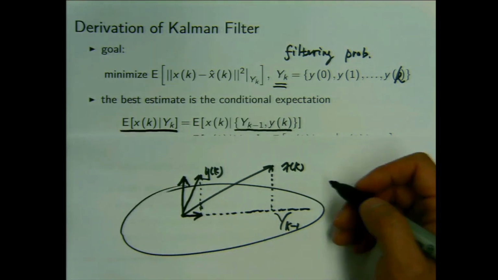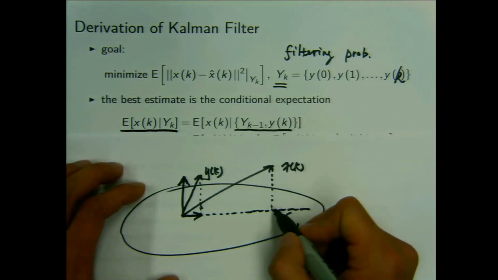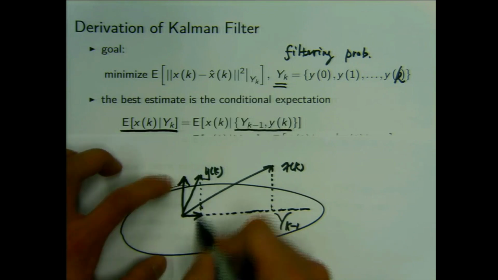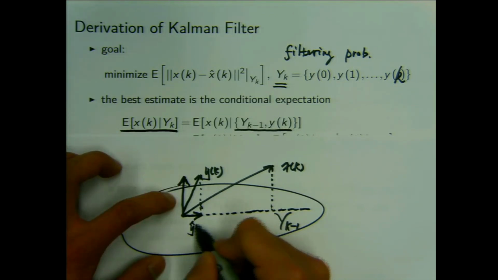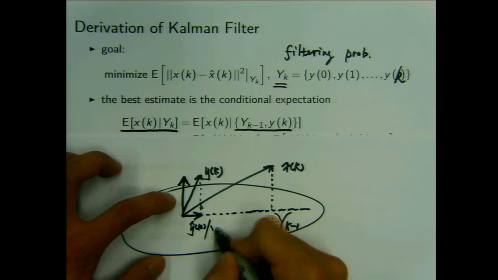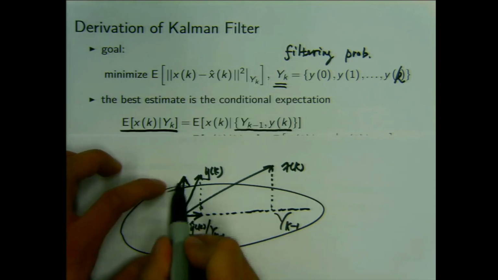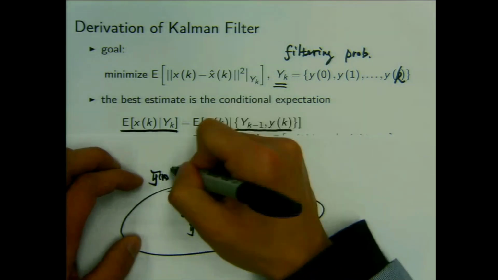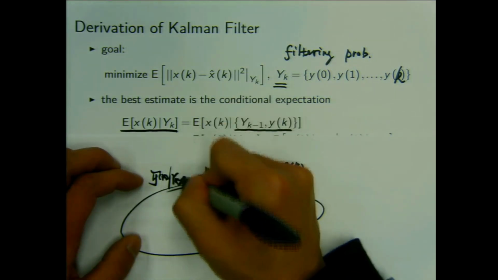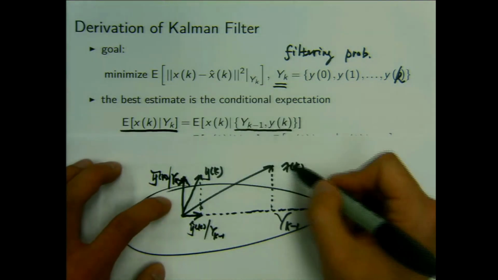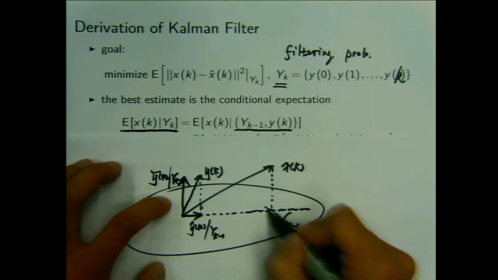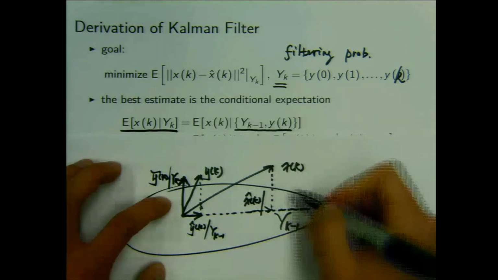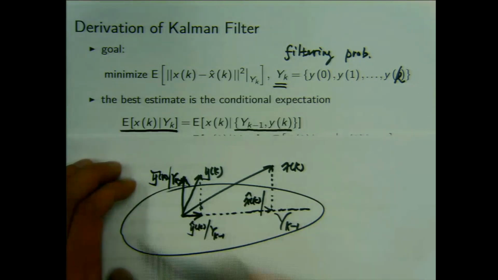If I write it as an equation similar to what we learned in the last lecture, I'm going to use the notation y hat k given y^{k-1}, and this is the residual. And this is the estimation of x hat k given the information in this subspace.